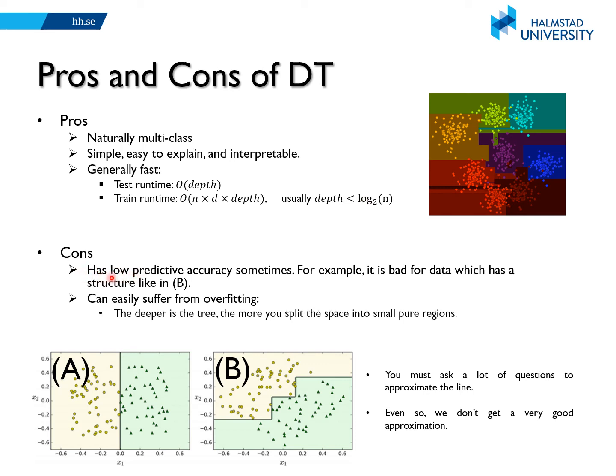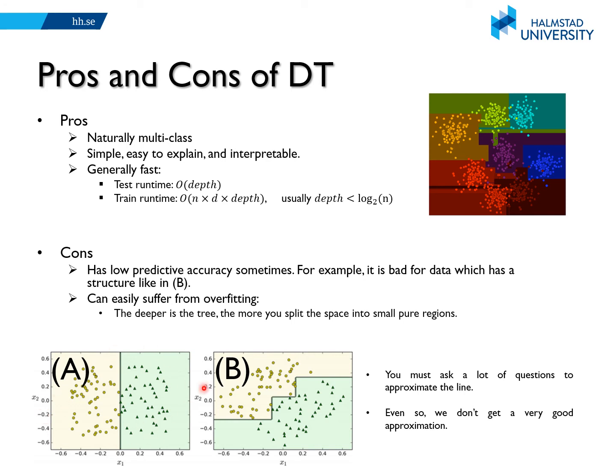However, a decision tree can have a low predictive accuracy. And this is especially the case for data which looks like, in this example, B that we have here. If we take this first data set A, then it's very easy to separate those two classes using a decision tree. In fact, the decision tree will just contain one node which puts a threshold on this feature x1, right? So if x1 is larger than 0, then predict this class, otherwise predict this class, and that's it, done.